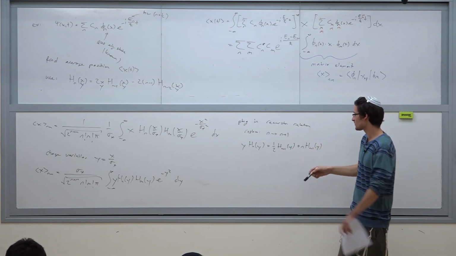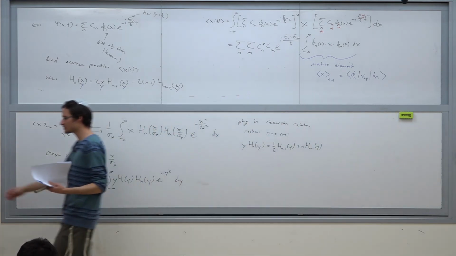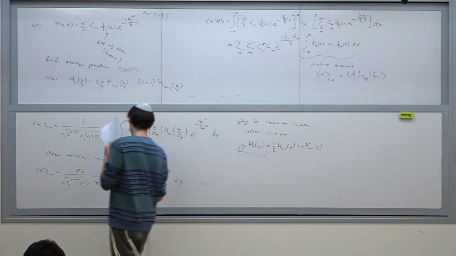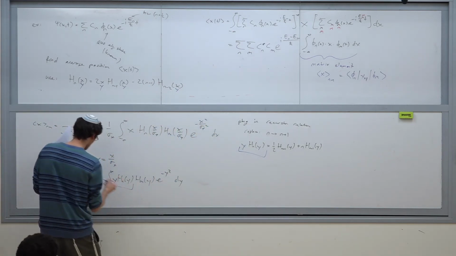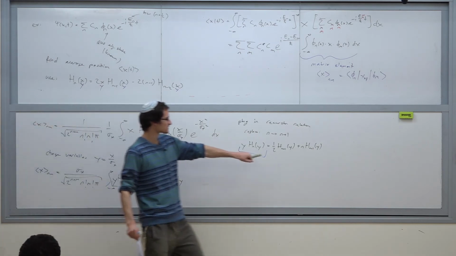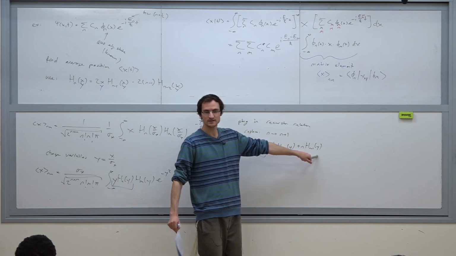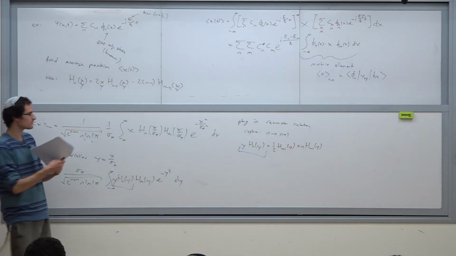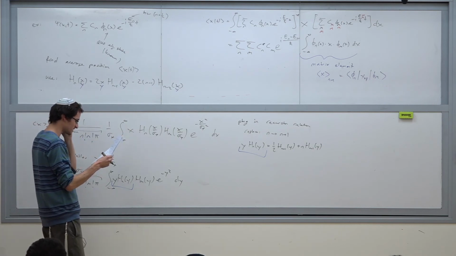And you see why it's so useful, because this way I can get rid of y times H and express it just in terms of H's. And then I'll be able to use the orthogonality condition on the Hn's.